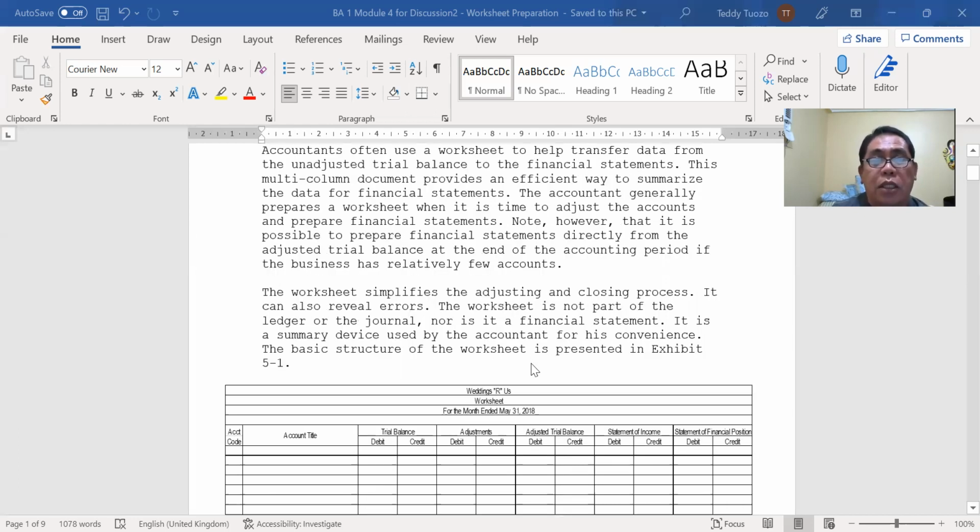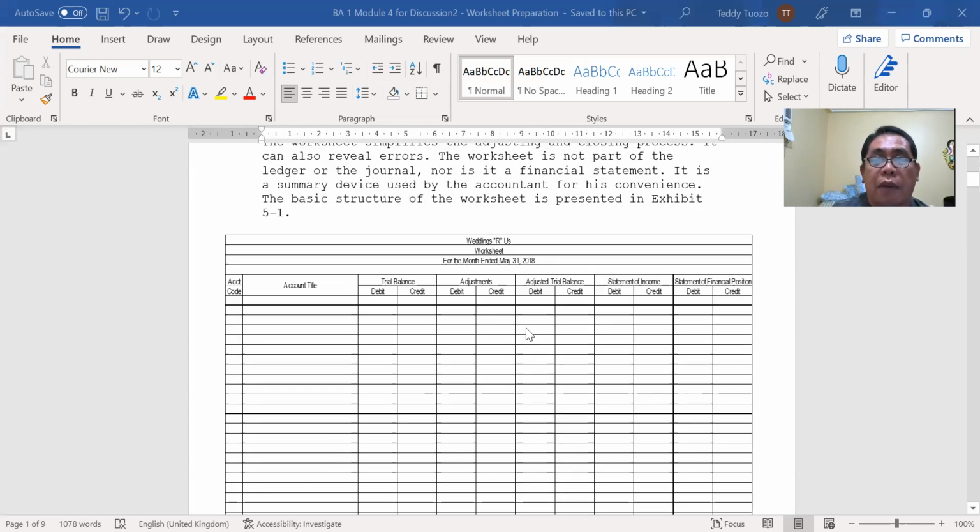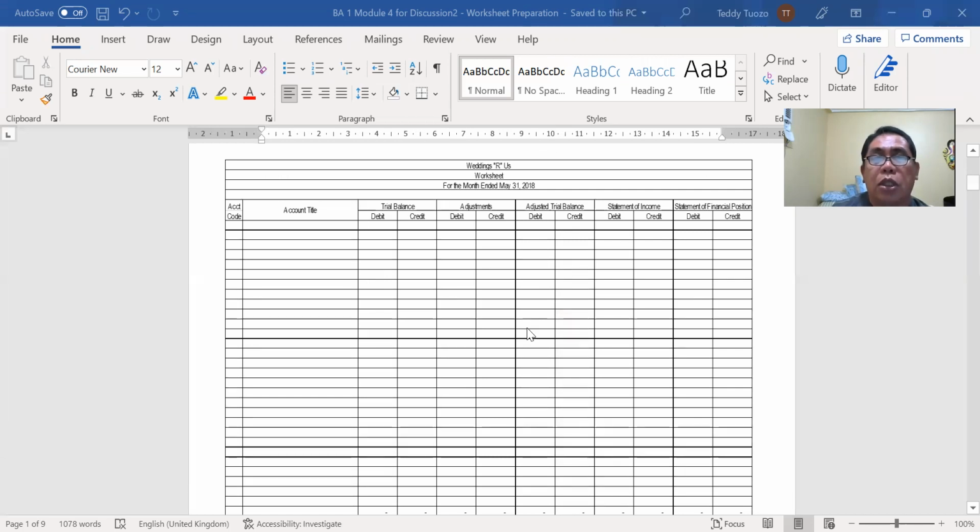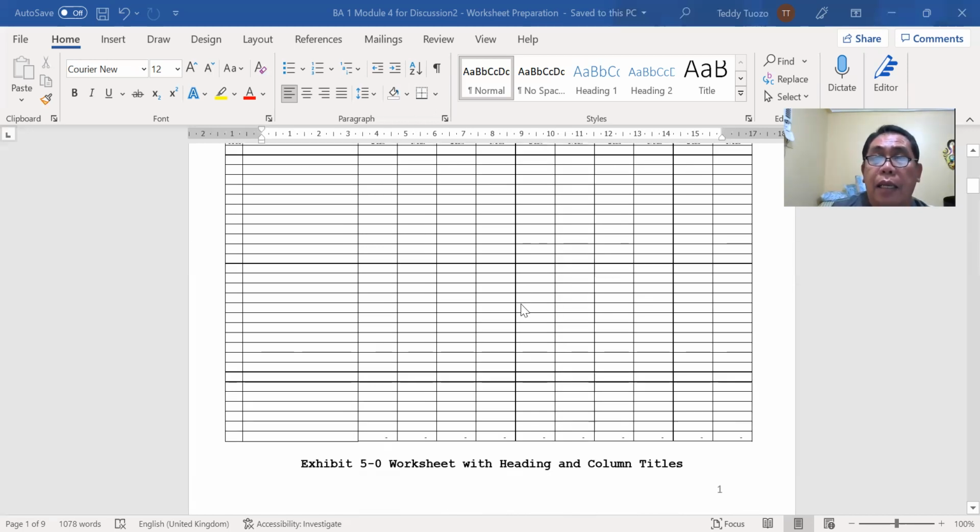So the basic structure of the worksheet is presented in Exhibit 5.1. The illustration here would be, of course, the first illustration and the second illustration, which are a continuation of Harvard Medical.